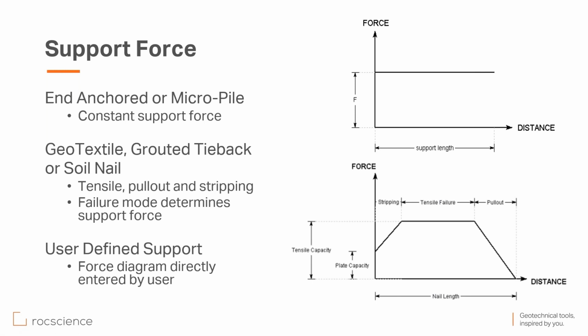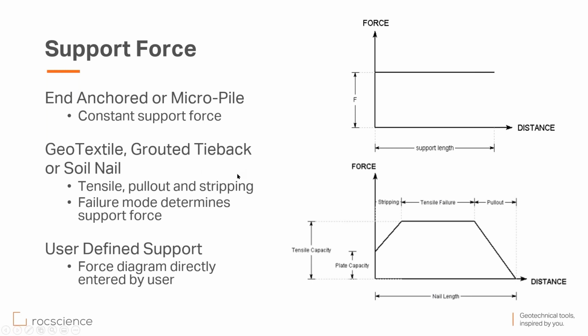However, for geotextile, grouted tieback or soil nail, it depends on the mode of failure. This force diagram can be different, and the value is going to be selected from this force diagram depending on the mode of failure that we have. For example, for geotextile, we only have tensile and pull-out.